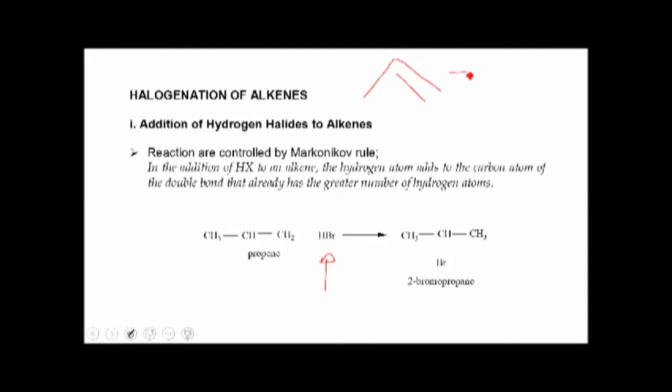Here you only have how many hydrogens? We have 2 hydrogens here, and here we have 1 hydrogen. Now, to add this, you cannot simply put it here and there. No, it will follow what we call the Markovnikov rule.